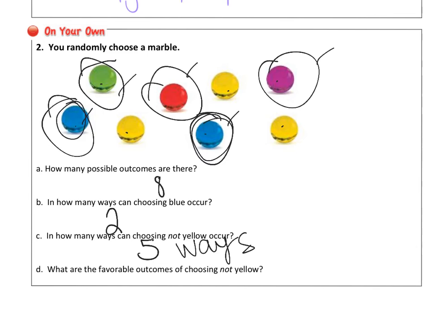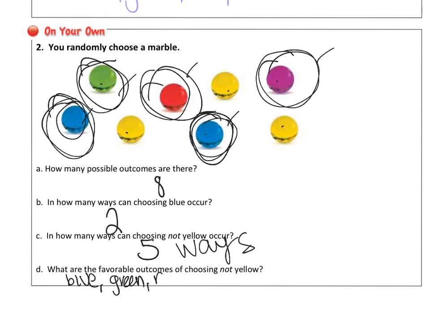And finally, what are the favorable outcomes of choosing not yellow? We already have them circled. Now we just have to list off what they are. I'm going to go from left to right. We have a blue, a green, a red, a blue, and a purple.